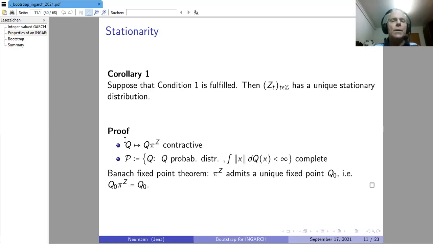We know from our previous result that this mapping, which maps Q to Q times PZ, is contractive. The space of these distributions, which have here finite moments, is complete. And it simply follows from the Banach fixed point theorem that the corresponding Markov kernel admits a unique fixed point Q0, and this fixed point Q0 is the unique stationary distribution of this process.